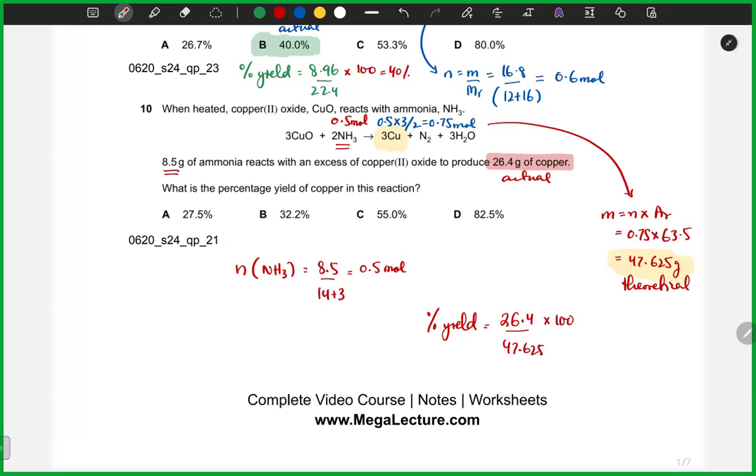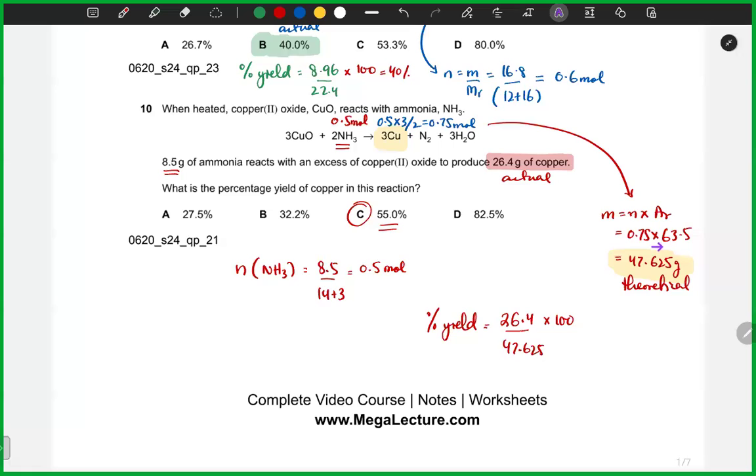So 26.4 divided by 47.625 times 100, so I'm getting 55%.